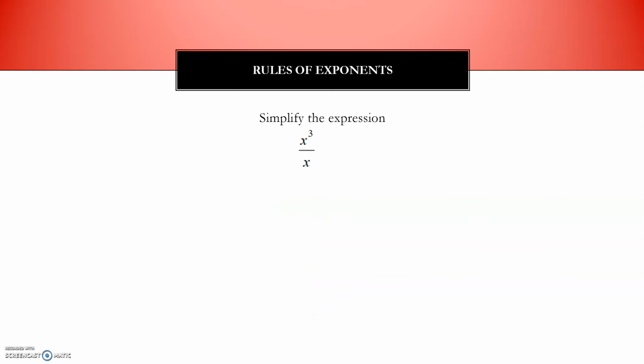All right, for this one, same idea, but this one is just x to the third over x to the 1. We know that 3 is bigger than 1, so it becomes the numerator. I'm just putting that over 1 so you can see it, but you don't need to. And that would become x squared, or x squared over 1.